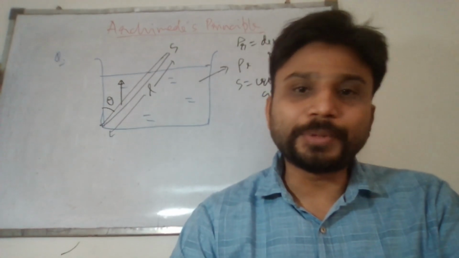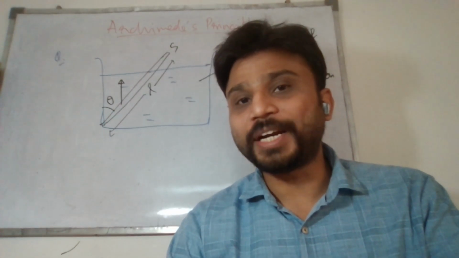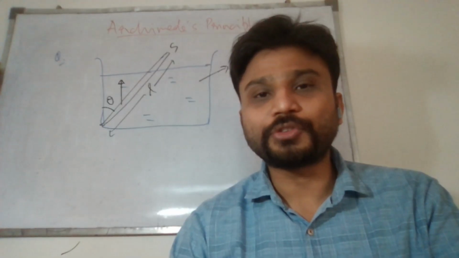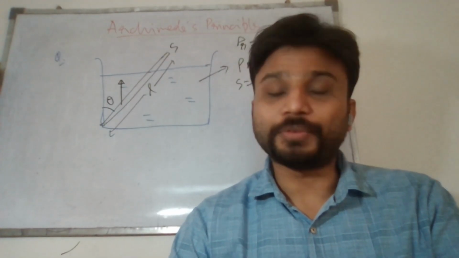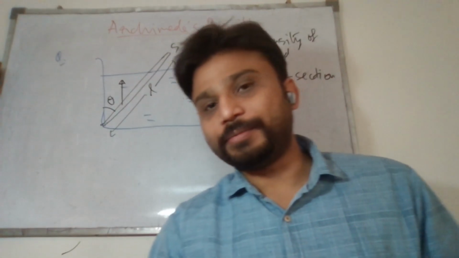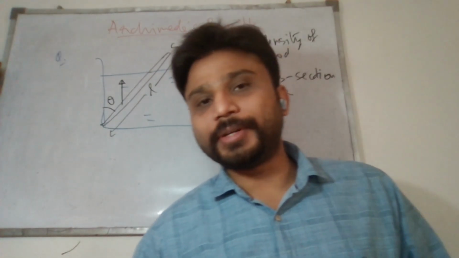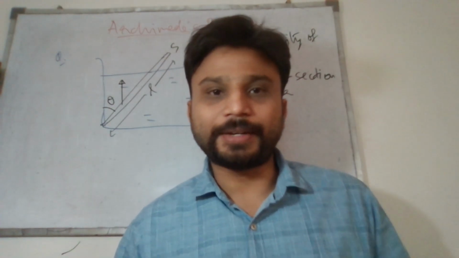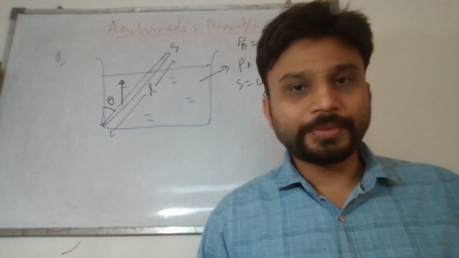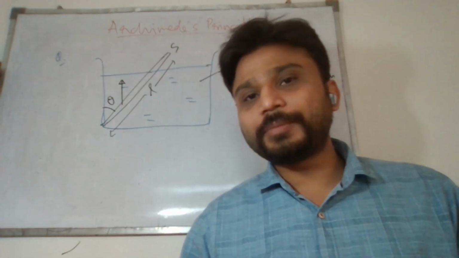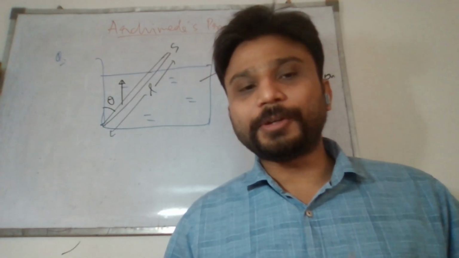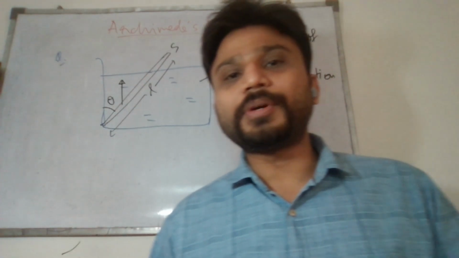We know that in the previous case, simply the buoyant force was balanced by the weight of the body. So it was pretty easy to get, right? We simply said that the body is submerged, it is at rest, it is in equilibrium. So when it is in equilibrium, the buoyant force simply equals the weight of the body.